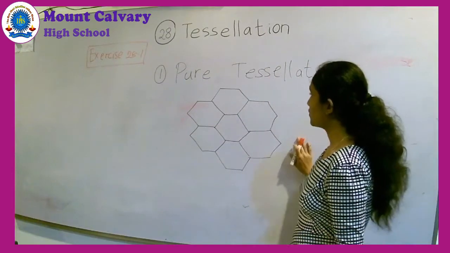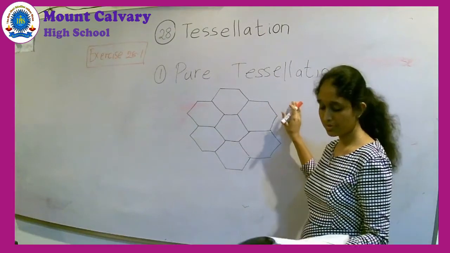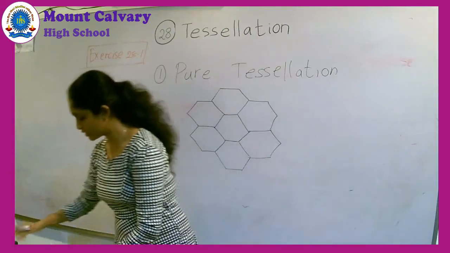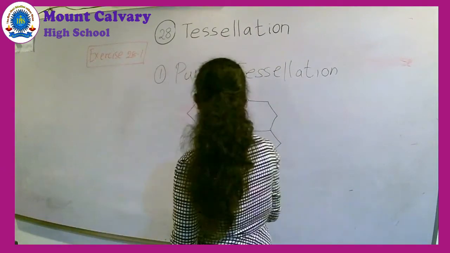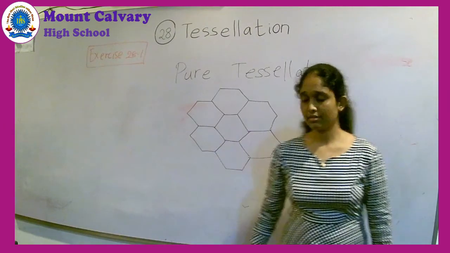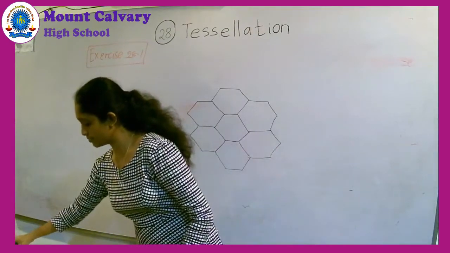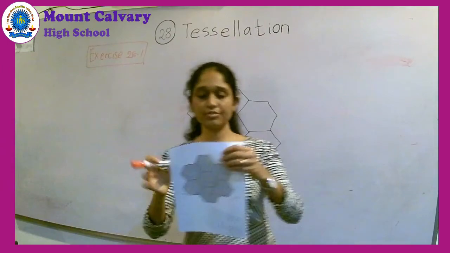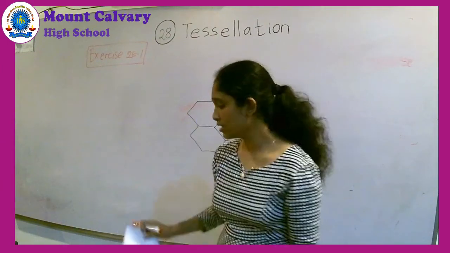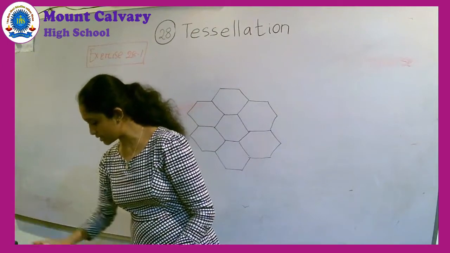Now, the second one. This is the first group, first section. Then the second one, semi-pure tessellation. Right? This is the example for pure tessellation, right? There is only one figure. So now the semi-pure tessellation.